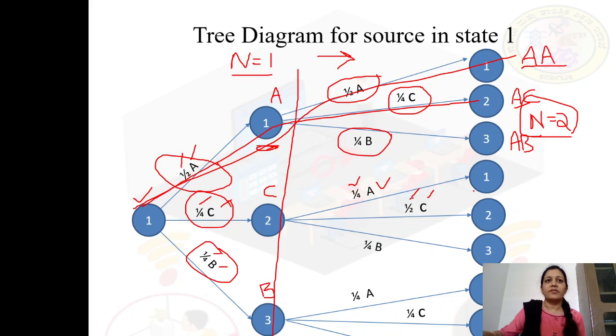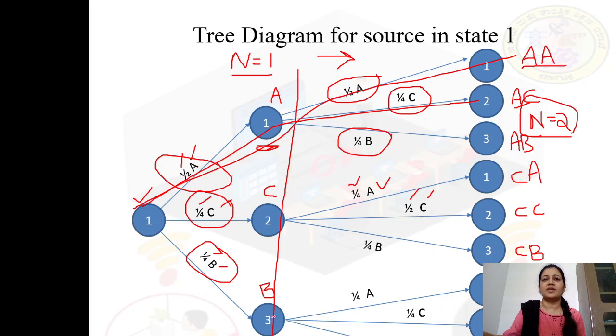Correspondingly, the symbol sequence I will obtain here is, for the first stage, C, and if I consider the 2 to 1 transition it would be A. So it is C into A, and this is the sequence CC and this would be the sequence C. Similarly, we can continue that even for state 3.